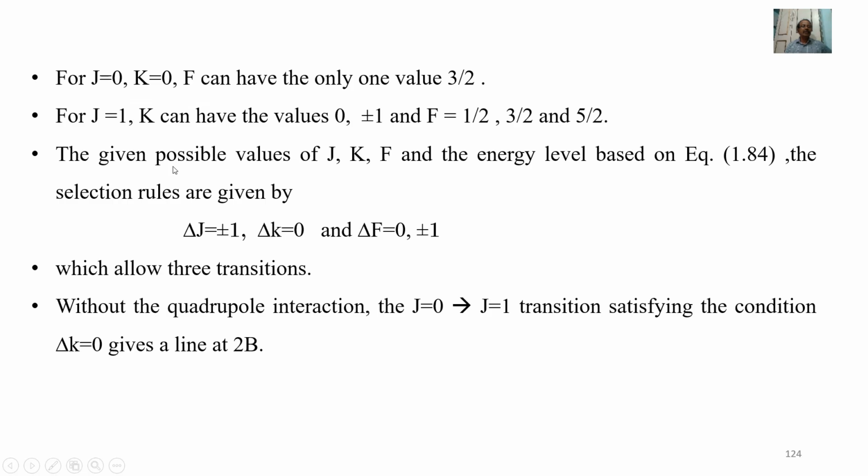Given the possible values of J, K, F and the energy levels based on equation 1.84, the selection rules are delta J equals plus or minus 1, delta K equals 0 and delta F equals 0 or plus or minus 1, which allow 3 transitions. Without the quadrupole interaction, the J equals 0 to J equals 1 transition satisfying the condition delta K equals 0 gives a line at 2B.